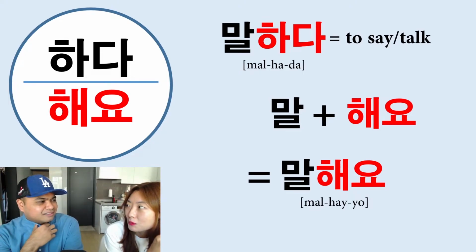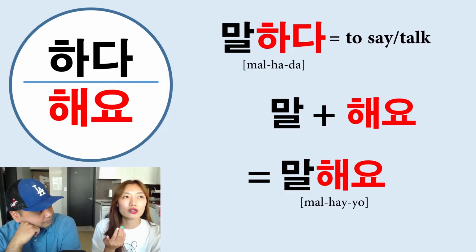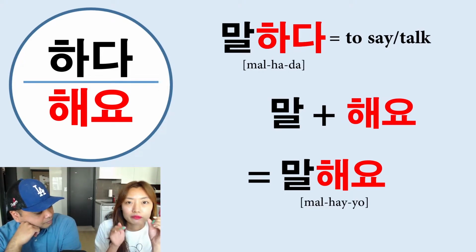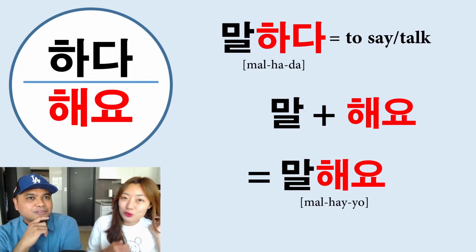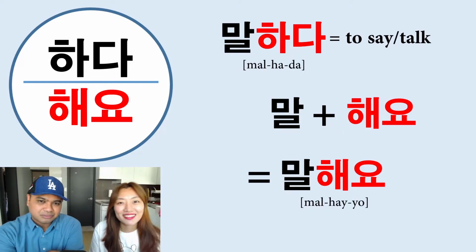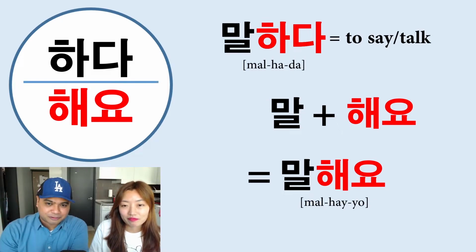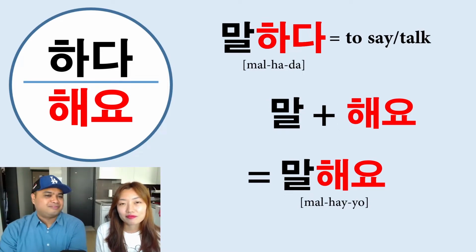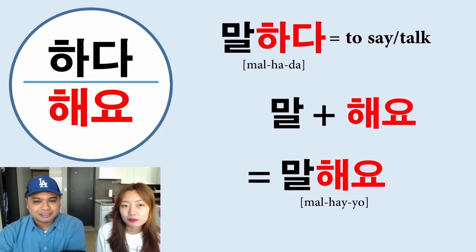But sometimes, when you want to, what's that? Exaggerate? Is that the right expression? When you want to enunciate, pronounce something to say your point clearly. Malhaeyo, when you're a little bit angry or you want someone to understand.